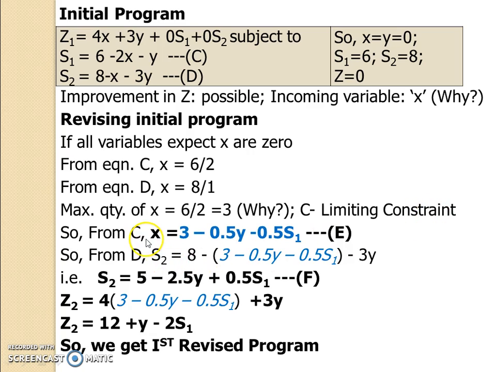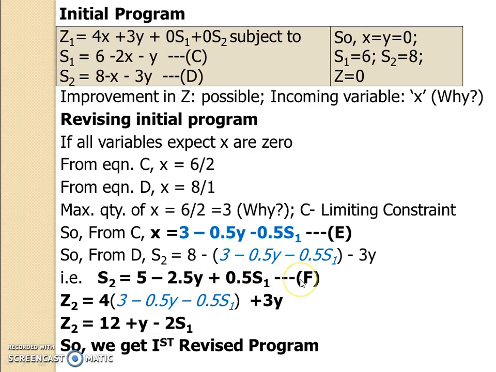So from C, just by rearranging the terms, x is equal to 3 minus 0.5y minus 0.5S1. Let us call it E. Then using E, we can revise the expression for S2 and it will become S2 is equal to 5 minus 2.5y plus 0.5S1.